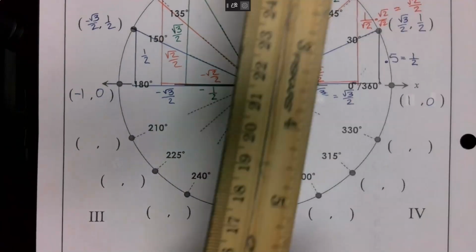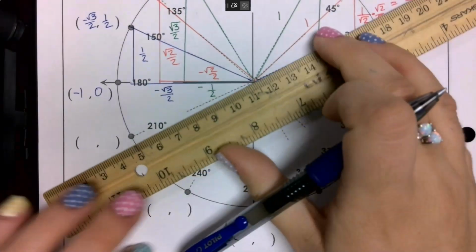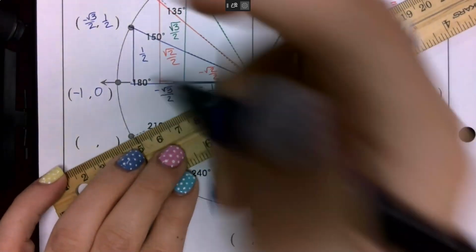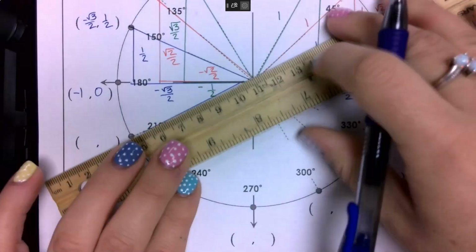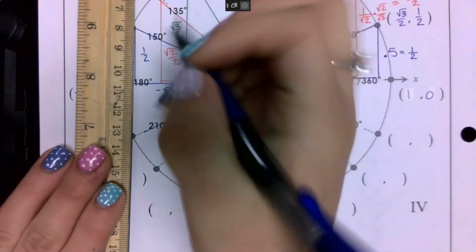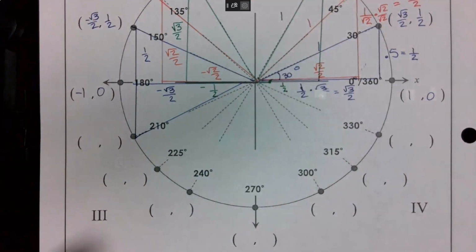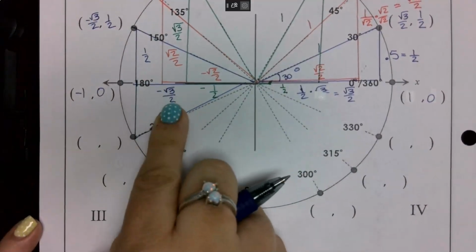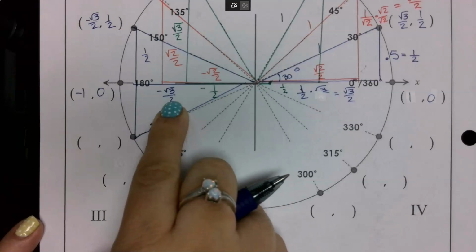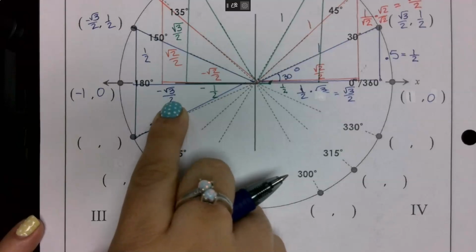Okay, so I'm going to continue filling out this circle. So I'm going to go to 210. Okay, I already have my side length right here. I already have that labeled because it's the same as the 150.